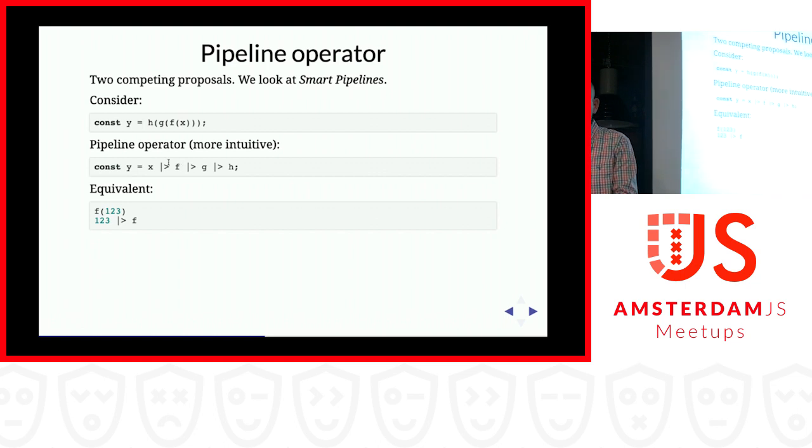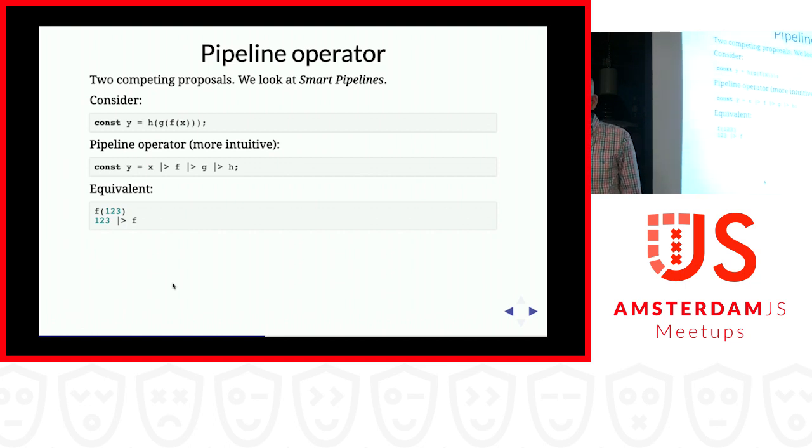And this is the exact same expression with the pipeline operator. So these two expressions are equivalent. You have one style of function application like this, and then you have the pipeline operator where this is the argument and this is the function.